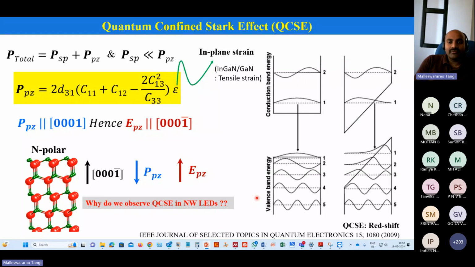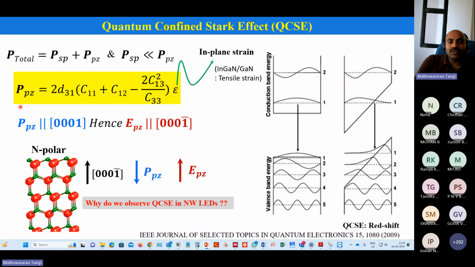From elastic theory of a semiconducting material, if you substitute all these elastic coefficients, for an indium gallium nitride quantum well and gallium nitride barrier layers, you will have tensile strain at the interface. This will give you a positive value of the strain, and all these constants will give you a positive. So eventually you have a positive value for this polarization.